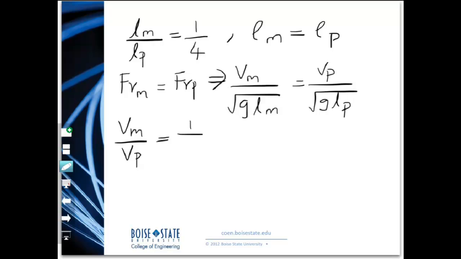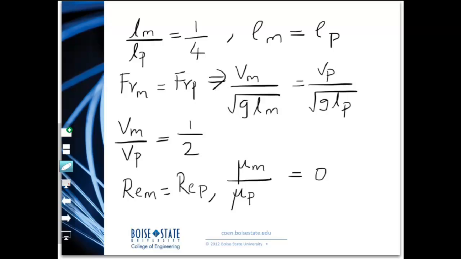If you do the math, you'll get the ratio of the velocities between the model and the prototype as half. You can use this fact and then use the Reynolds number similarity, and you'll end up with mu m over mu p as 0.125.